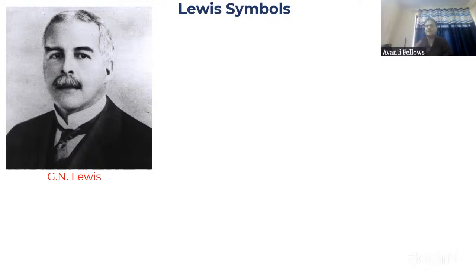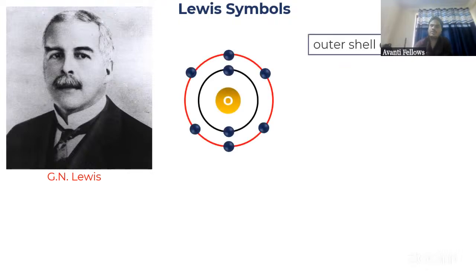So let's start with the Lewis symbol. According to the Lewis dot structure, what do you mean by this? ठीक है, क्या होता है ये Lewis dot structure? According to this, the outer shell electrons are represented as a Lewis symbol.